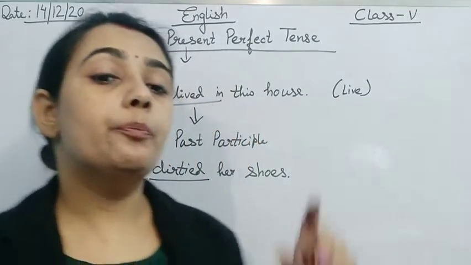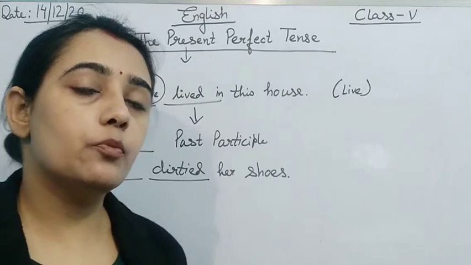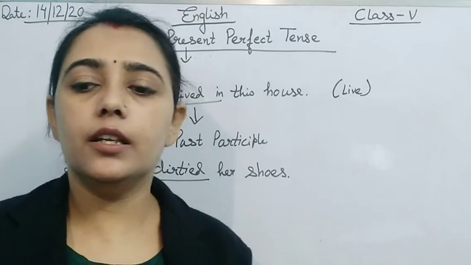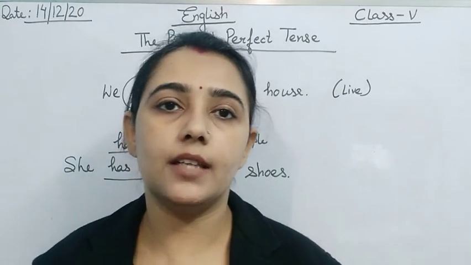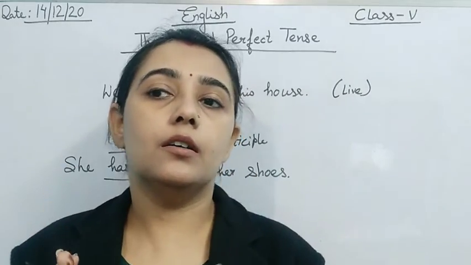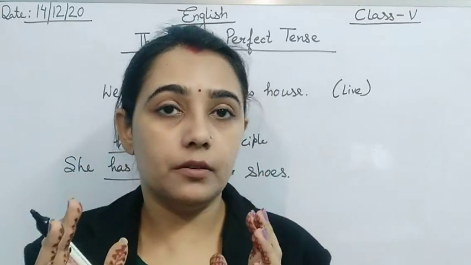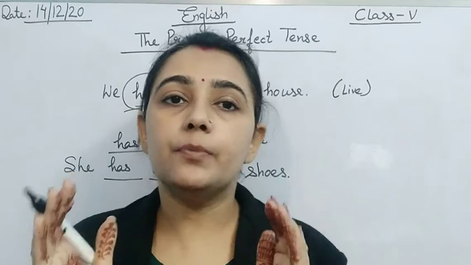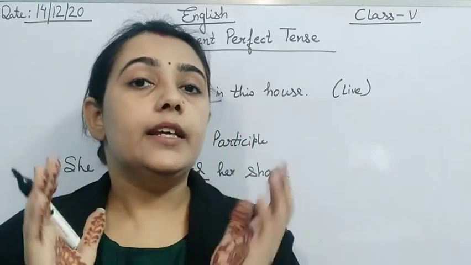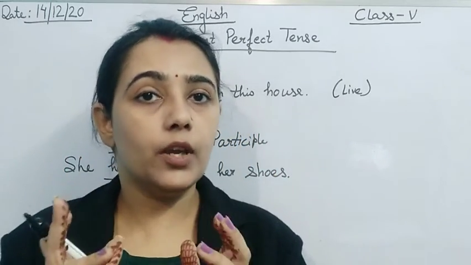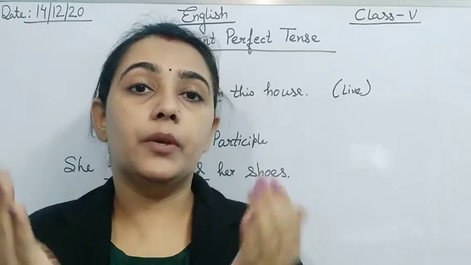Okay. Now, perfect tense is clear. Perfect means when anything is perfect. Let me give you a common example. Suppose a man is making a picture. You know picture? He is giving it shape. When will it be perfect?